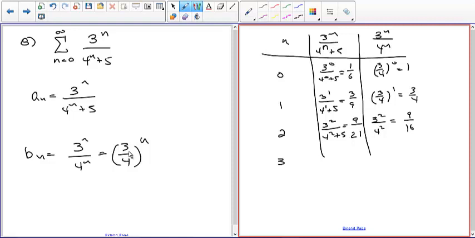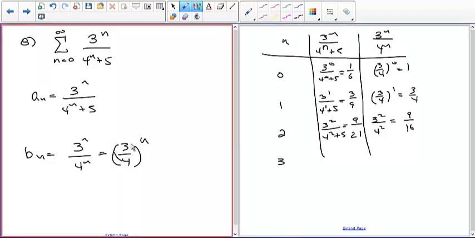So we'll write that out in full form next time, but this series, the summation of b sub n as n goes from 0 to infinity, converges because the common ratio is less than 1. So this converges, and because this is always less than that, this also converges. So like I said, we'll write out all the details next time.